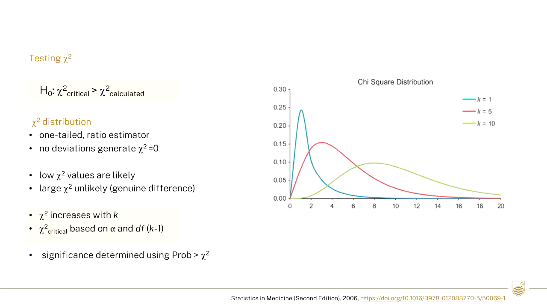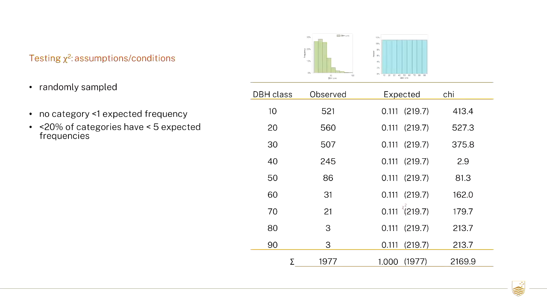With more categories, those possible differences, instances in which a difference might arise, increase, generating larger chi-square values by chance alone. Interpreting the chi-square runs exactly the same way as we've seen so far, applying a p-value. Now we will look at an example of this in the second lecture today.